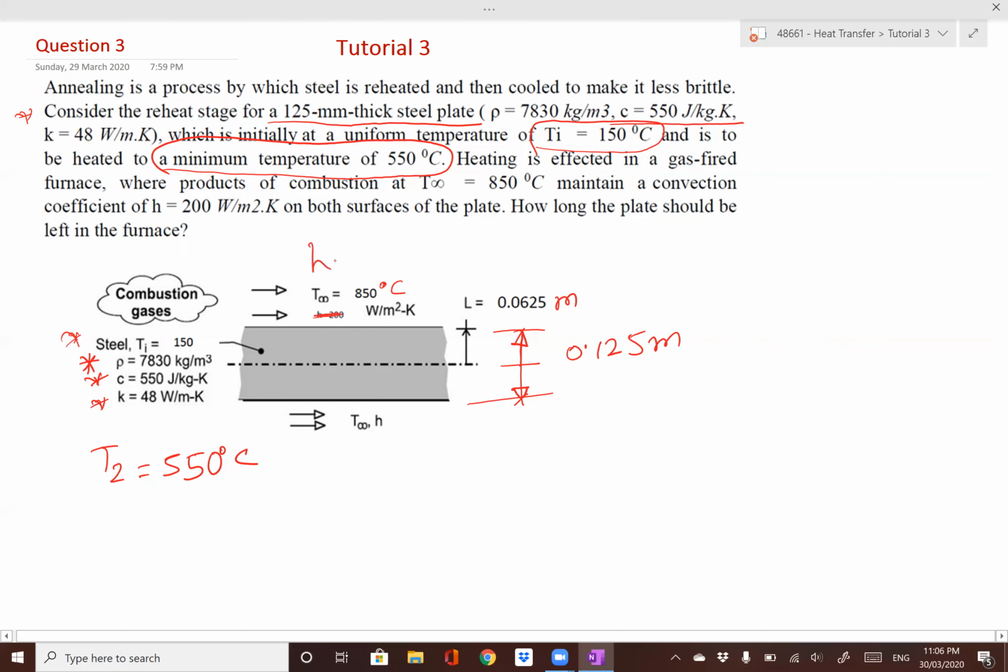So here h given 200 watt per meter square Kelvin for both surfaces of the steel in the furnace. So on both surfaces we have the temperature of the hot air. Okay, now how long should the plate be left in the furnace? So basically we will find out the required time.